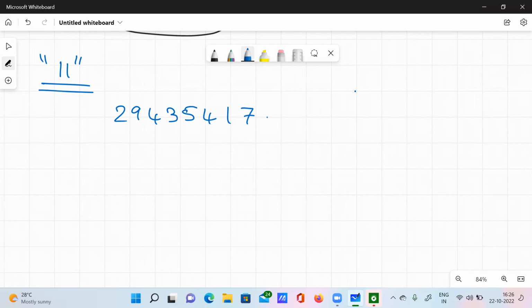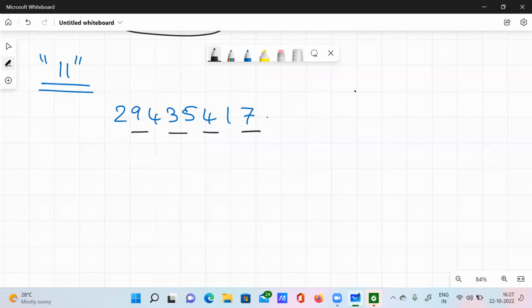I need to spot out all the odd places and I need to look for all the even places. What are all the odd places here? Odd places are 7, 4, 3, 9.